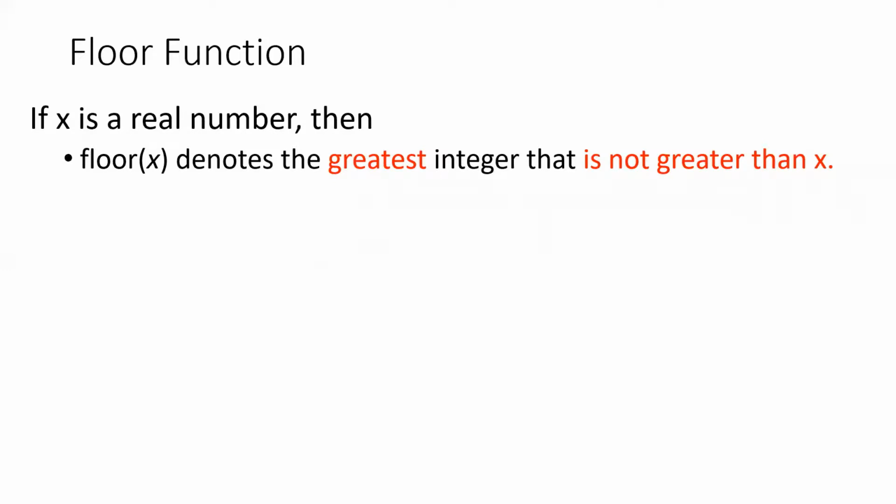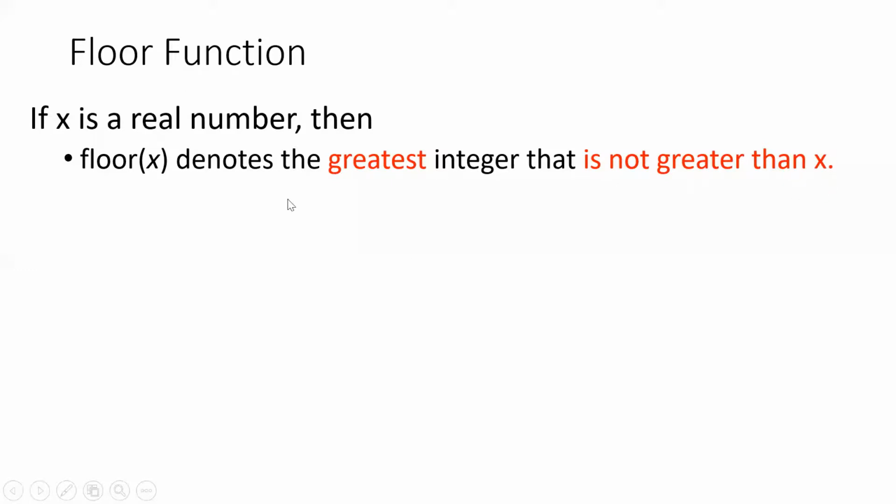3.4, ma'am. Any number with a decimal part you can consider as a real number. Now, what is the floor of 3.4? By definition, it denotes the greatest integer that is not greater than 3.4.